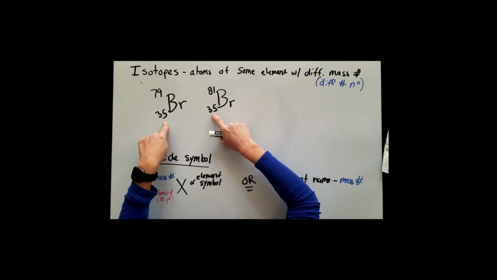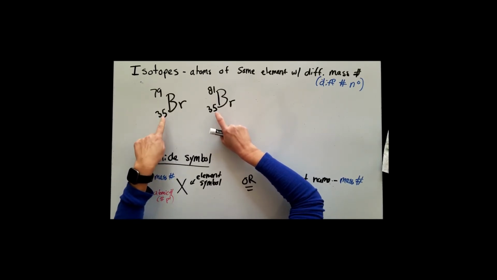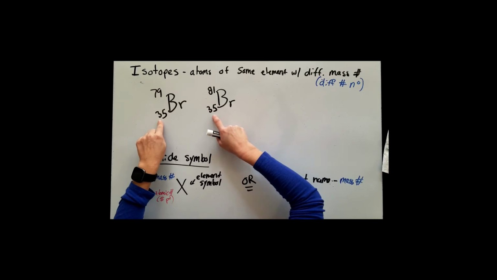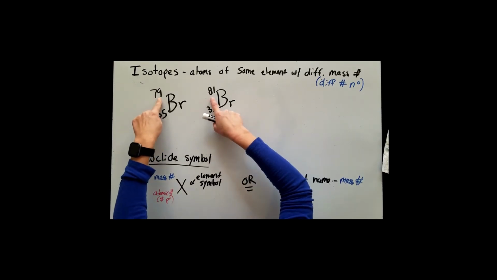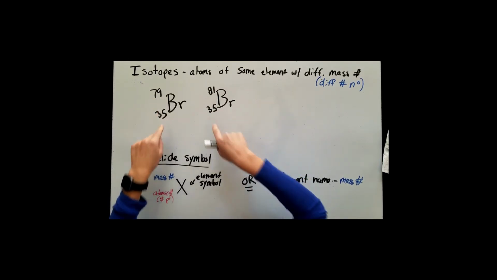What that means is if I change the number of protons, I'm changing the identity of the element. So if I change this from 35 to 36, for instance, I'm no longer talking about bromine. I'm talking about a completely different element because the number of protons defines the element. That is something that does not change given our particular element. So all atoms of bromine will have 35 protons every time. Their mass number might change because they might have different number of neutrons, but their number of protons will not change.